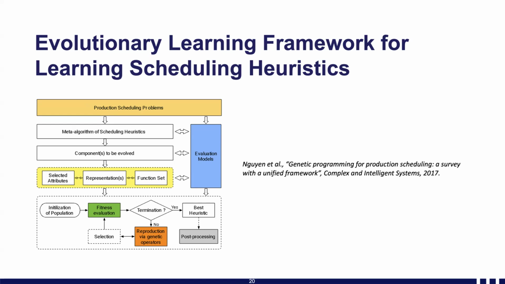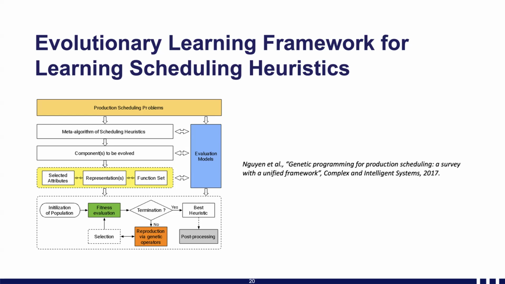So when I have all the components, all the ingredients that I need to build heuristics, then I can fit them into this evolutionary process, in which they have fitness evaluation, and they have the reproduction genetic operations. And usually they're going to have some form of evaluation model. It can be training and testing data.